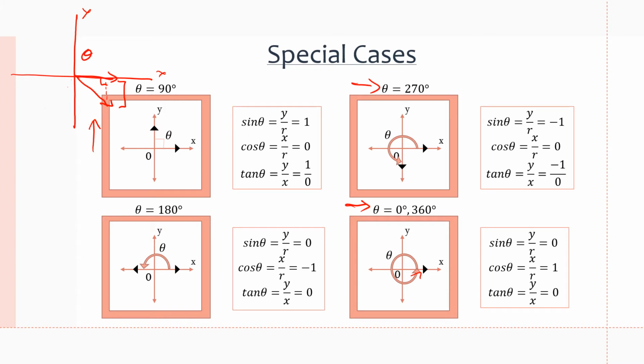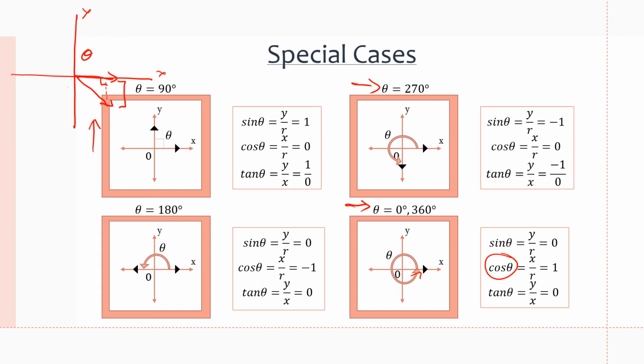And our x length, in this case, is going to be positive because we're going in the positive x direction. So sine of theta is going to be y over r, which is 0 over 1, which is going to give us 0. Then cos theta, we have x over r, which is going to give us 1 because x is 1 and r is 1, so 1 over 1 is going to give us 1. And tan theta, we have y over x, which is 0 over 1, it's going to give us 0.